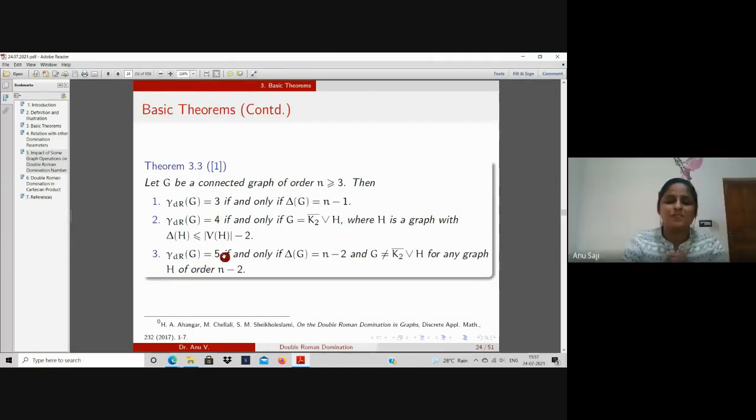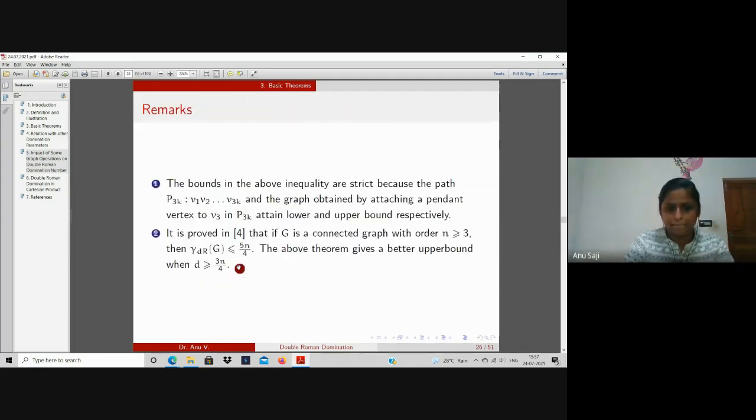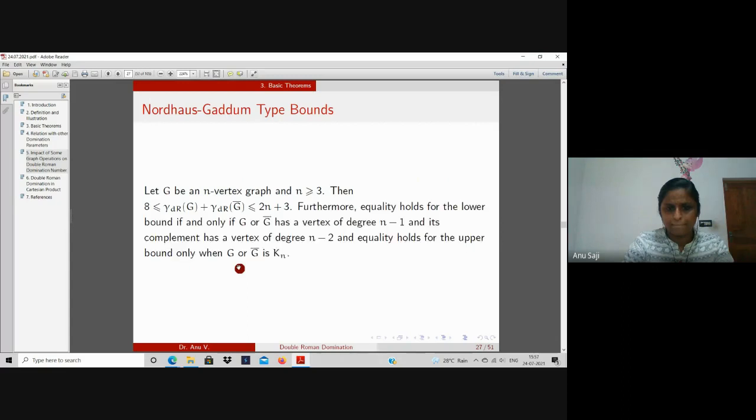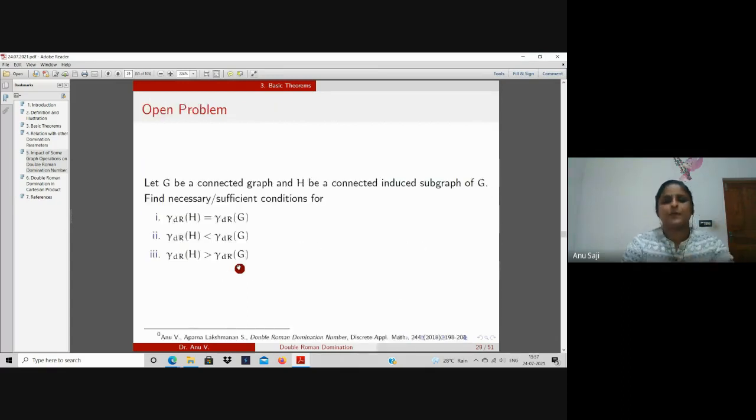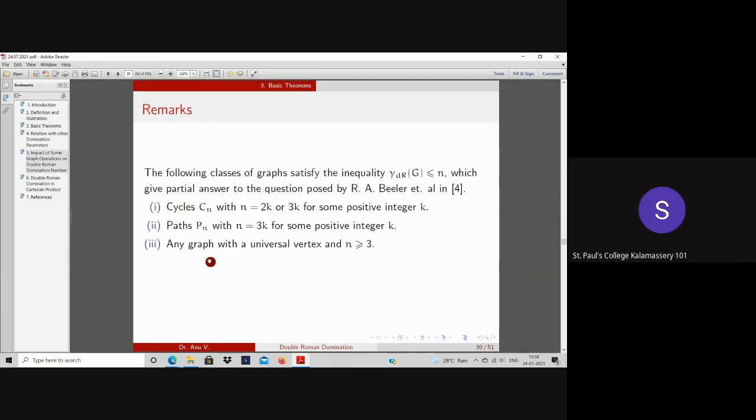For all other values, the problem is still open. This point I have already mentioned: there is no relation between gamma DR of H and G. Under what conditions it will be equal, less than, and greater than. Okay. Thank you.